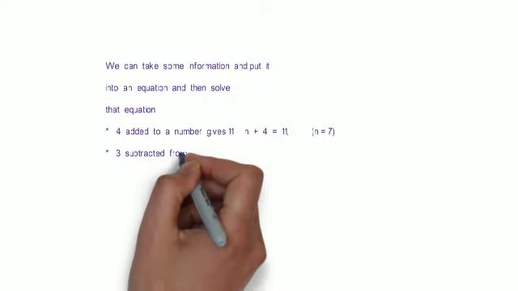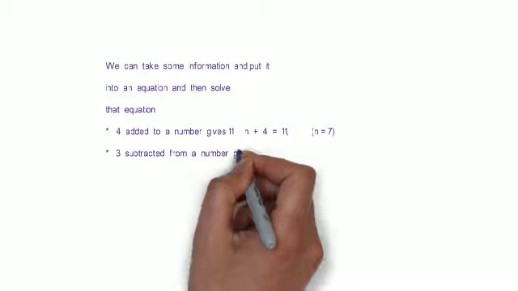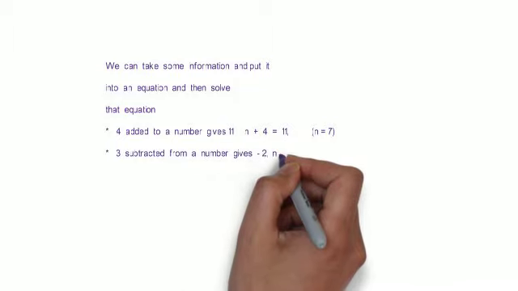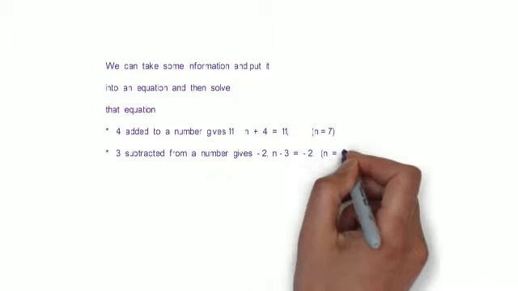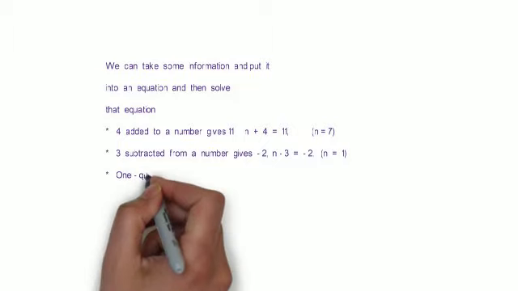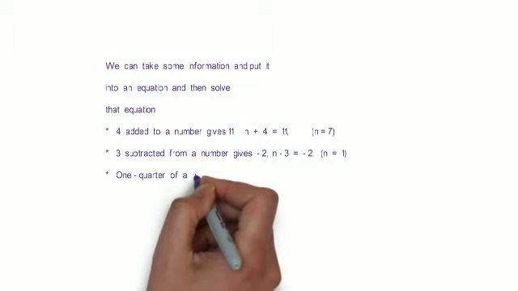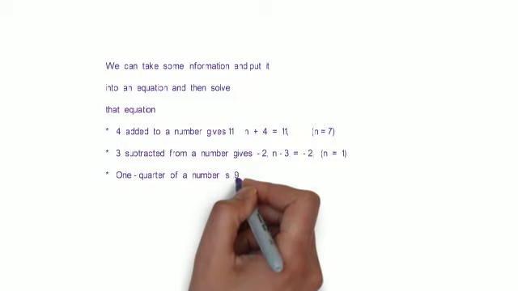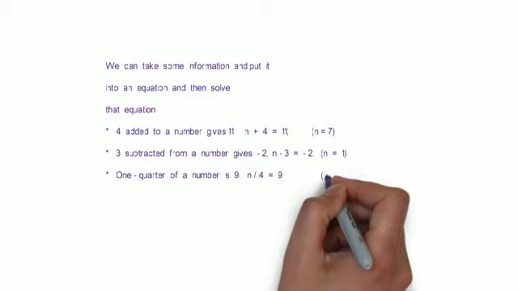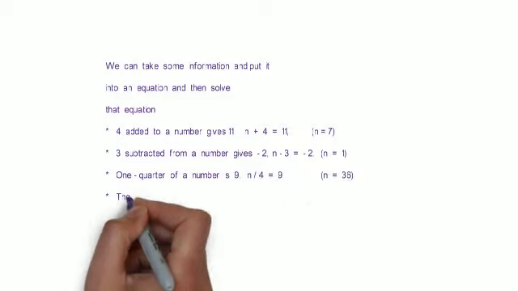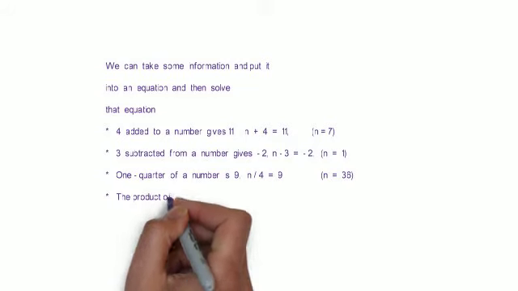Then we subtract 3 from a number and it gives negative 2, therefore n minus 3 equals negative 2, n equals 1. Then we have a quarter of a number equals 9, so a quarter of n equals 9, therefore n will equal 36.